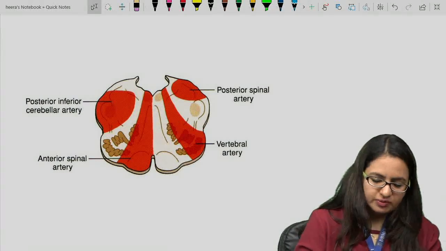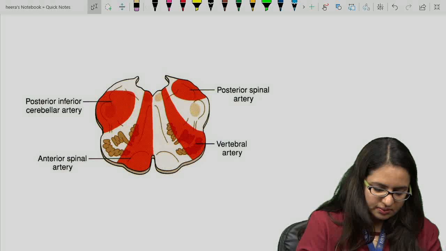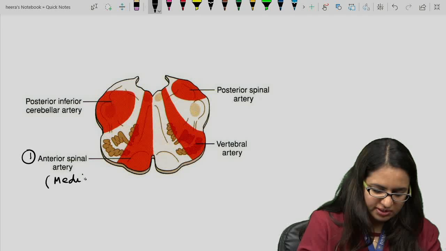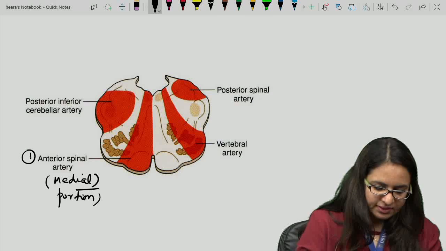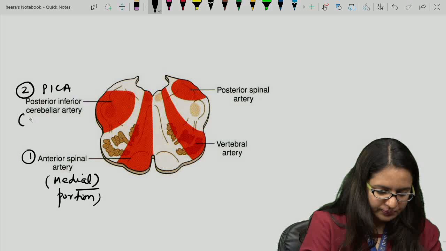This is the cut section of the medulla. In this, we can see the main supply to the medulla is by the anterior spinal artery. The anterior spinal artery supplies the medial portion of the medulla. Then the lateral portions of the medulla are supplied by the PICA, or the posterior inferior cerebellar artery.